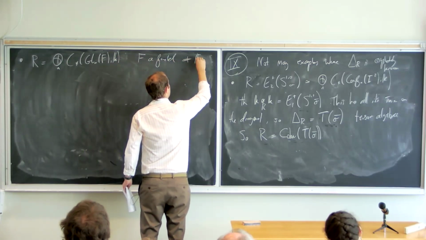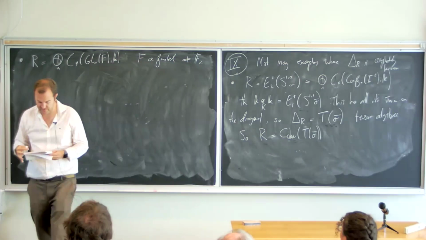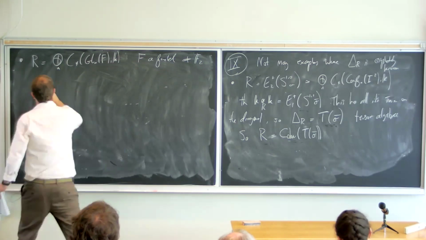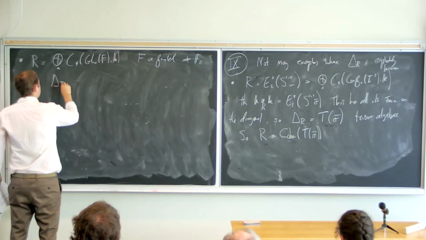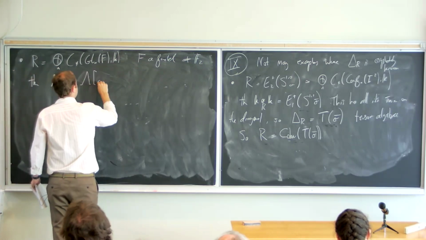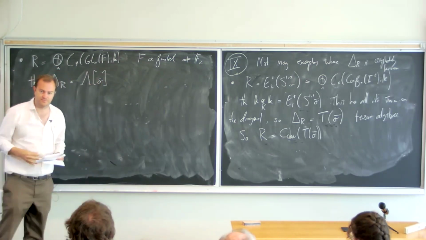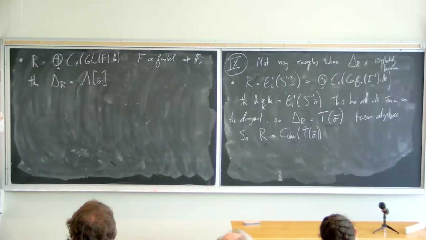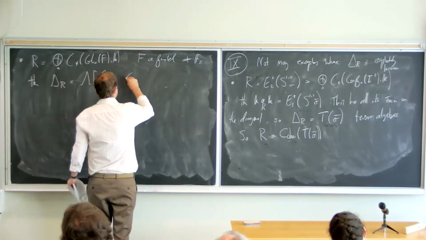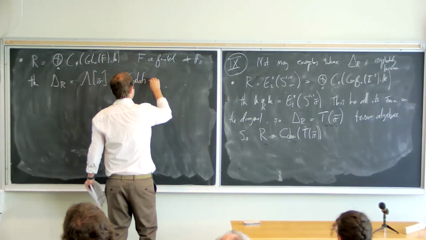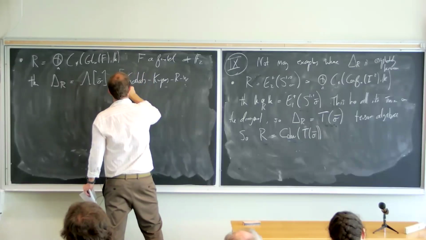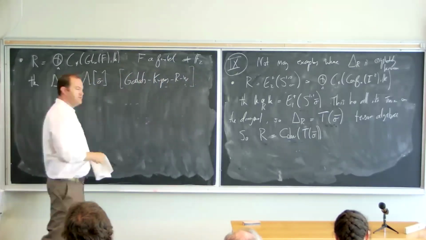If F is a field that's not F2, but any other field, it can have characteristic 2, it just can't be literally F2, then we do know the diagonal Hopf algebra, and it's just an exterior algebra on one generator. This is a fact that is due to Soren Galatius, Sander Kupers, and myself. And I won't explain why that's true.